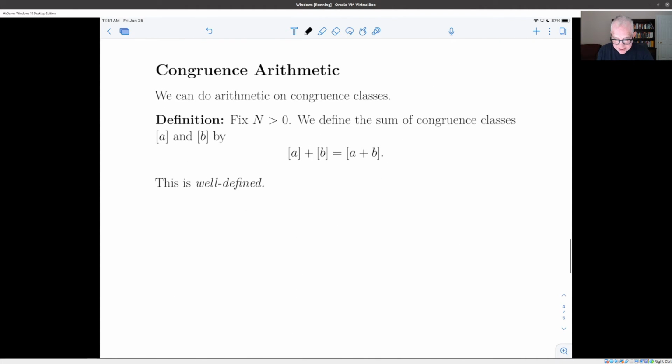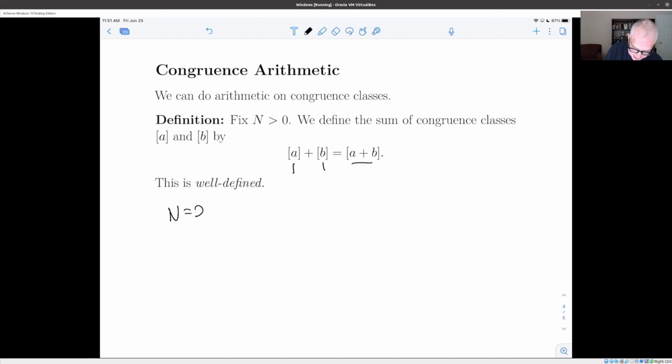So now finally we can talk about arithmetic. And we define the sum of the congruence classes mod n just by saying that the sum of the congruence class of a and the congruence class of b is the congruence class of a plus b. And what this says, let's look at the case n equals 2.